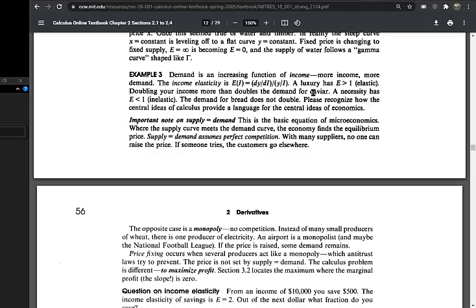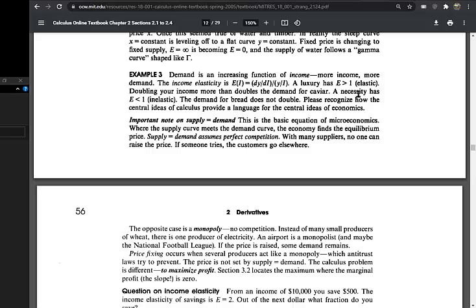Now, of course, once you get very high income, that's not going to be true. You're not going to eat tons of caviar, but at a certain point, you're going to have an elasticity greater than 1. So elasticity can depend, of course, on the income.